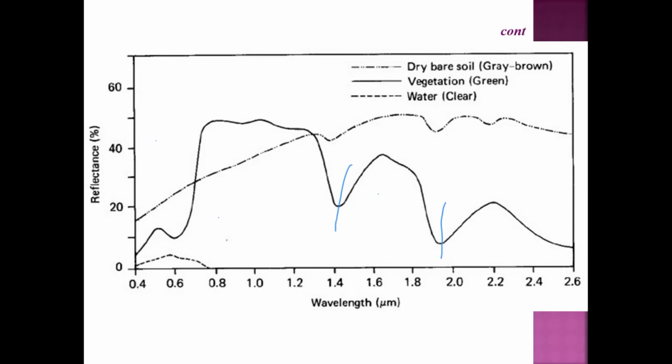And here you see dry bare soil. Dry soil means no water molecule is there, so it will not behave like water. Here you see this is the water. How is it behaving? Water is reflecting some radiations in the visible range only, up to about 0.7 micrometer.